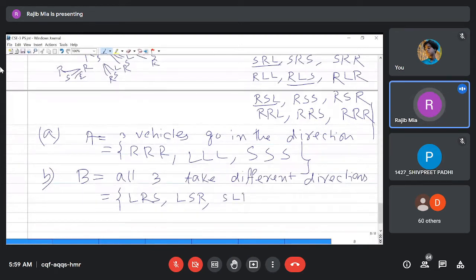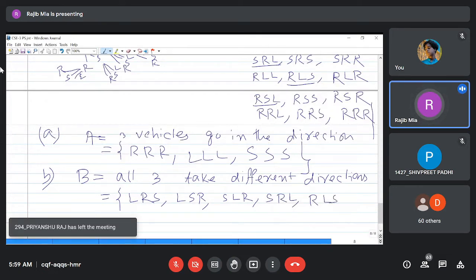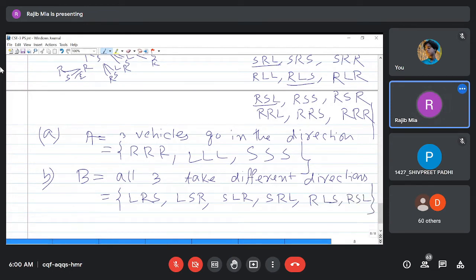So this is SRL, SLR. Suppose the first is turn right, then the remaining are L and S, which can also interchange. So RSL, RLS. These are the total 6 outcomes in the event B.